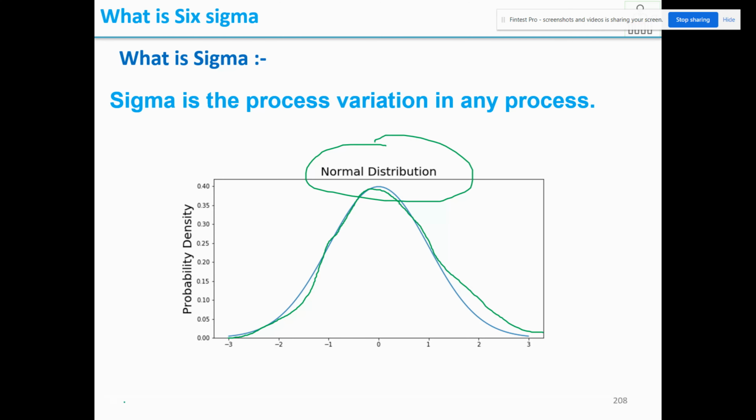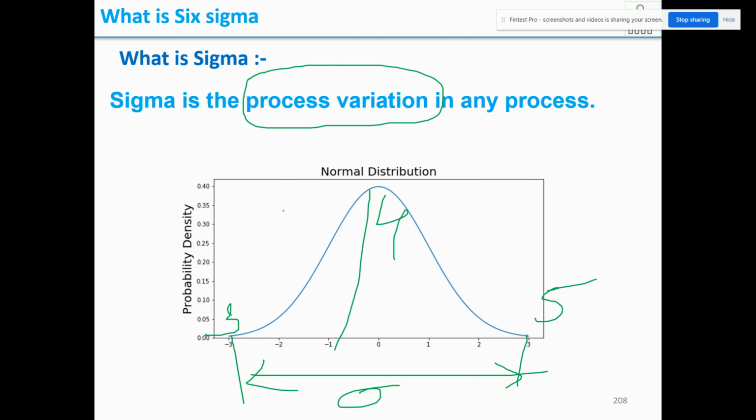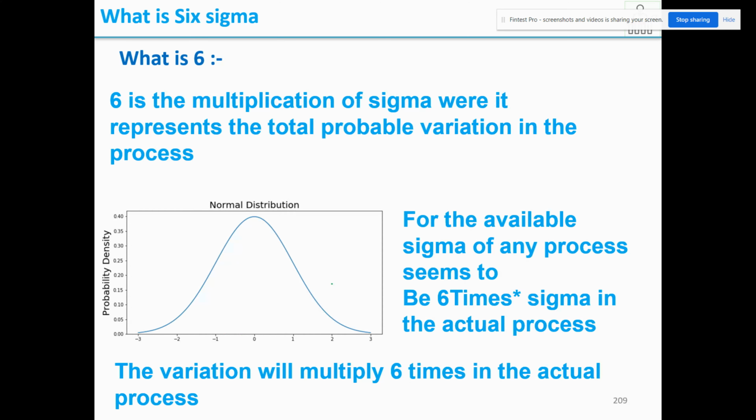We'll discuss in detail what a normal distribution is. Now, this is your total variation, or the sigma. Here the sigma is more. That means your process is varying from 3 to 5 mm with the middle at 4 mm. Sigma is nothing but the process variation from the middle.